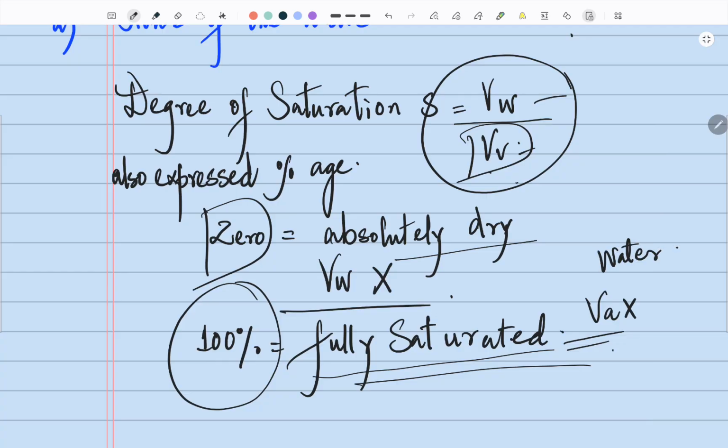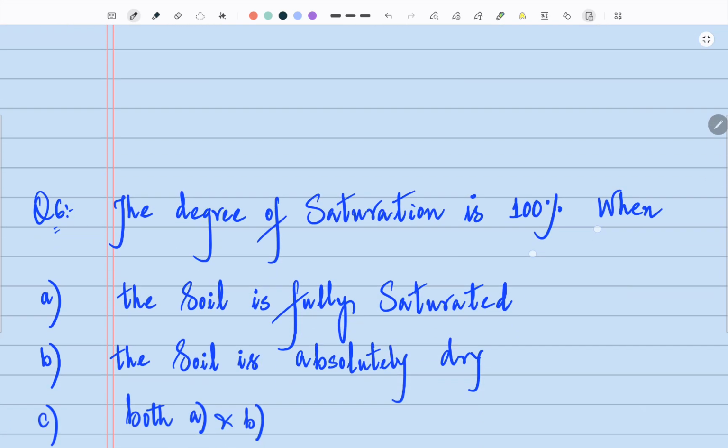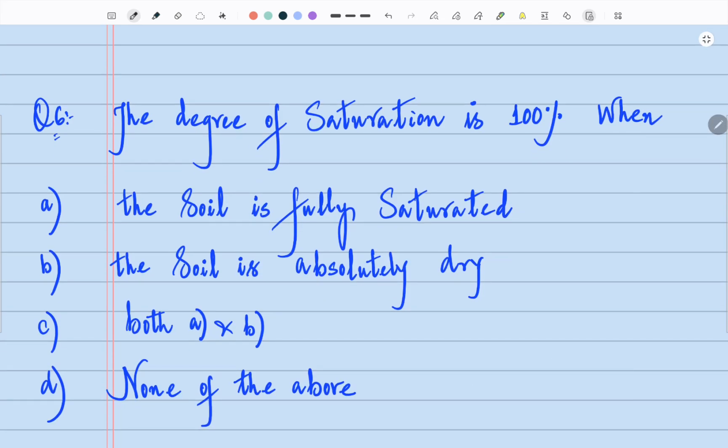So the degree of saturation will become 100%, since it's a ratio between volume of water and the volume of voids. All right. So the answer is the degree of saturation is 100% when the soil is fully saturated. When the soil is absolutely dry, the degree of saturation is 0, and when the soil is fully saturated, the degree of saturation is 100%.